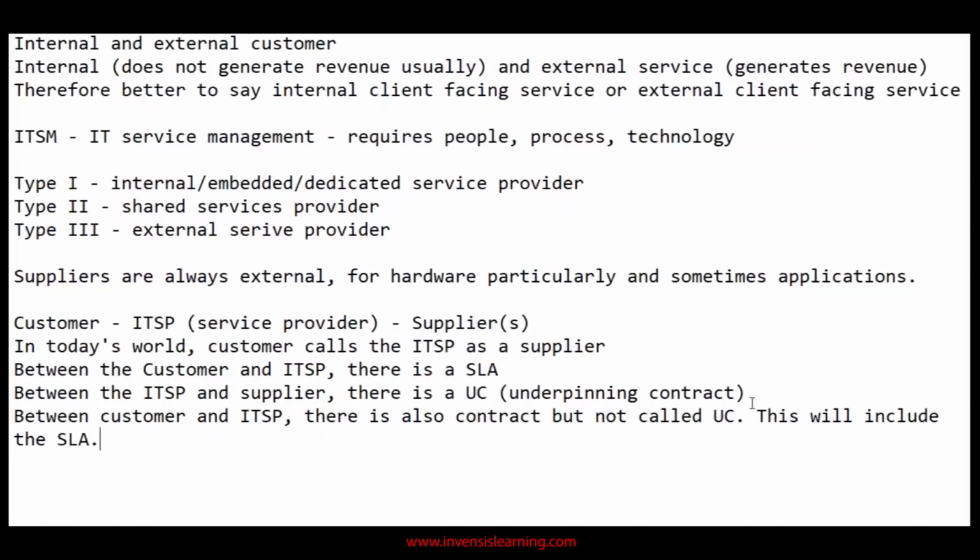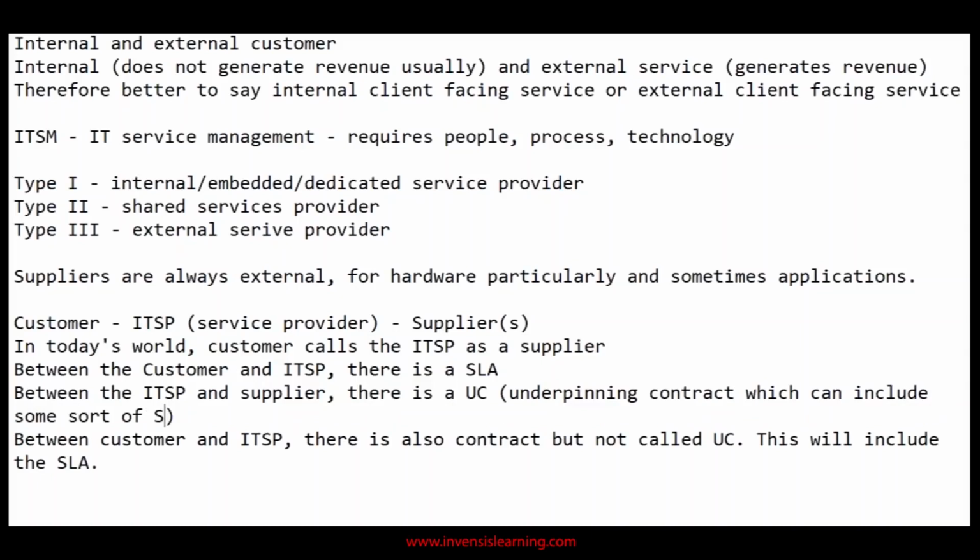Some sort of SLA will be there. You would have heard about SLA, right? I'm assuming you know a little bit about SLA. We'll get into more detail on SLA this afternoon, but these three statements are most important.